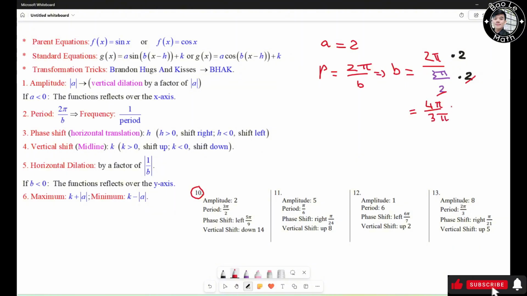Now, simplify this one, it turns out to be 4 over 3, alright? Now, phase shift is going to be the value of h. So h equals left 5 pi over 9. So it could be -5 pi over 9, right?